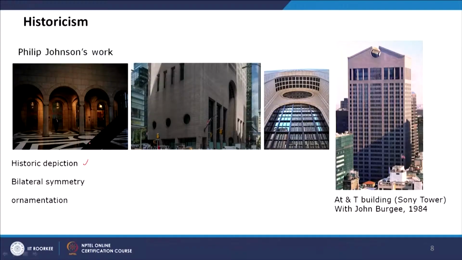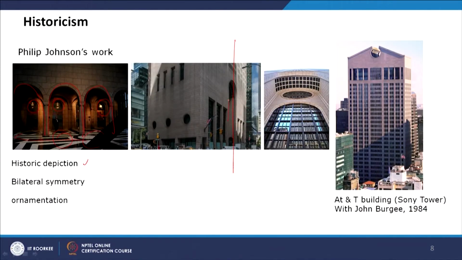And if we look at the building's interior, there is a historic depiction in the interior too. There are Roman semicircular arches, and if you look at the flooring, there are a lot of different textures with white and black patterns, and all these chandeliers and illuminations are done in a way that has a clear depiction of history. And also this is a bilateral symmetry, and this is an arcuated door, and then columns and pure circles.